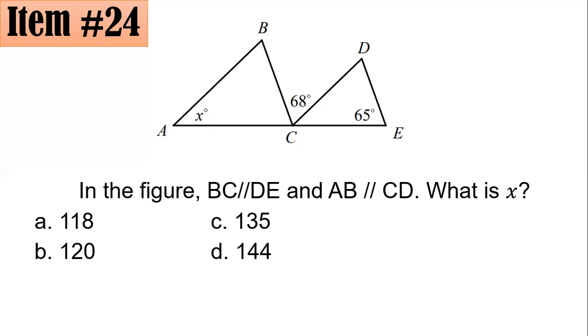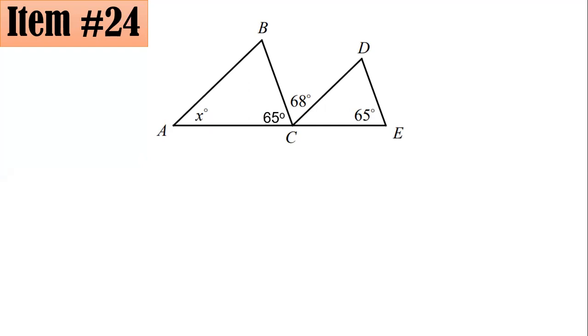If you could see from the figure, this has to be 65 degrees. Why is that so? Because these two are parallel, and these two are corresponding angles. That's why this should be 65 degrees as well.